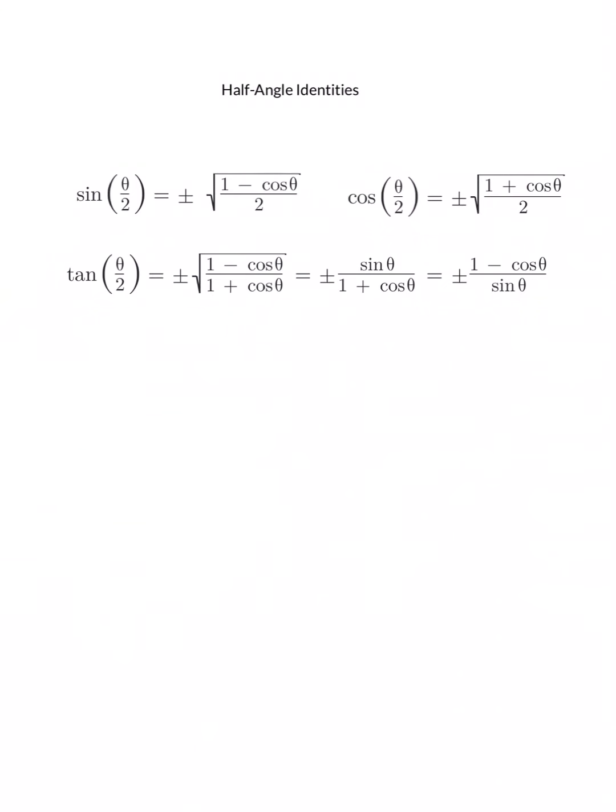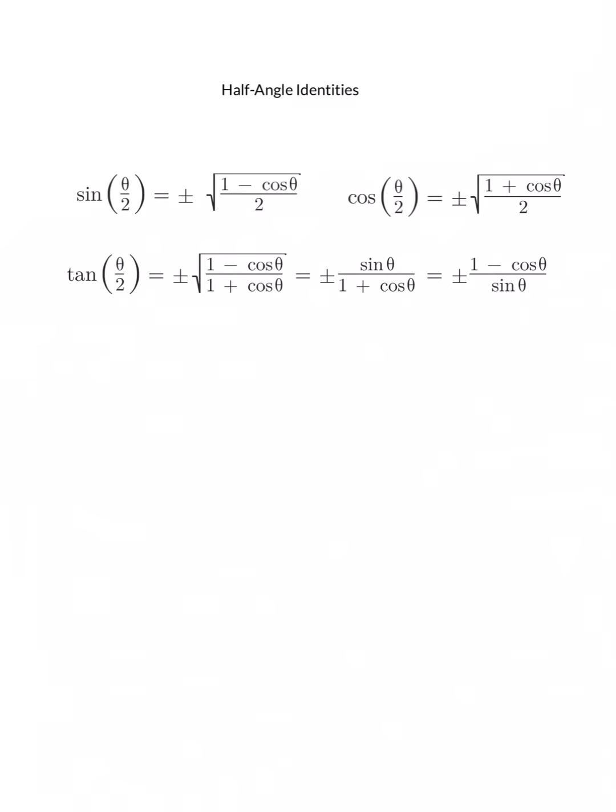The last item for this mod is half angle identities. The sine of theta divided by 2 equals plus or minus the square root of 1 minus the cosine of theta over 2. The cosine of theta over 2 is plus or minus the square root of 1 plus the cosine over 2.